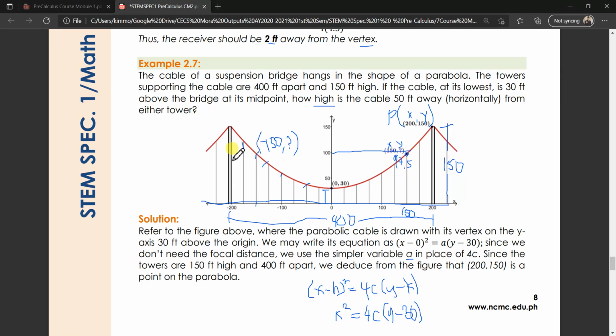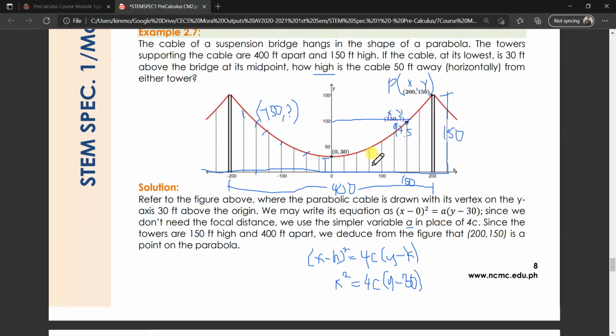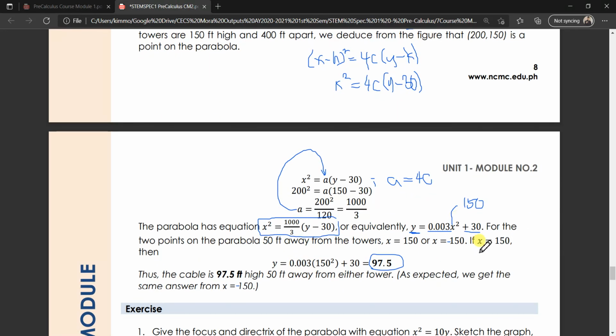So you can use this tower 1 or tower 2. So negative 150. So remember sa atong formula na naa tay x squared. So, any number raised to square, kung square nimo siya, raised to 2, ma-positive siya. So, even if this is negative 150, so negative 150 squared is equal to 22,500.